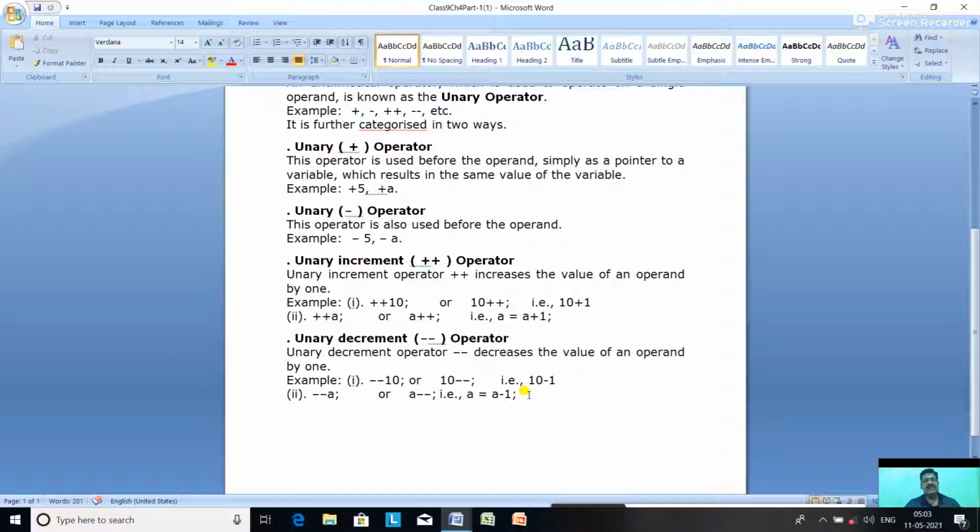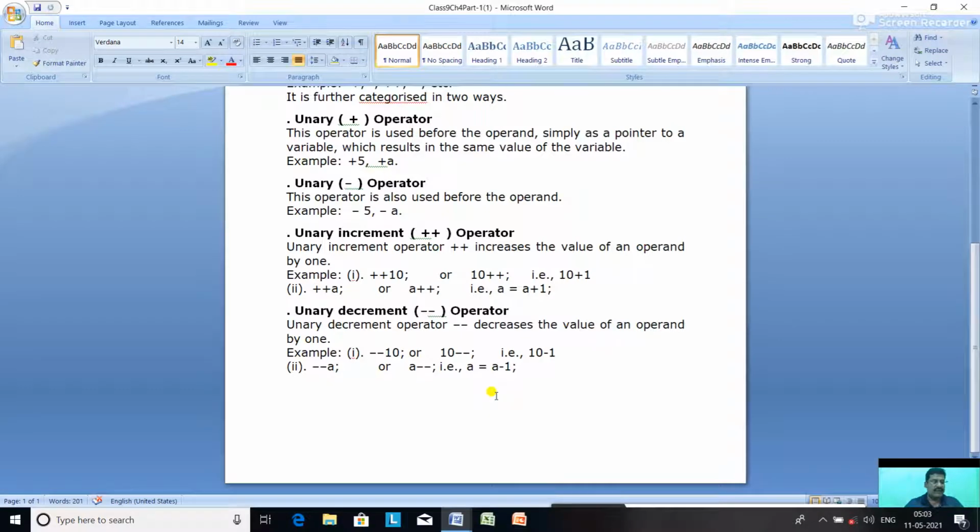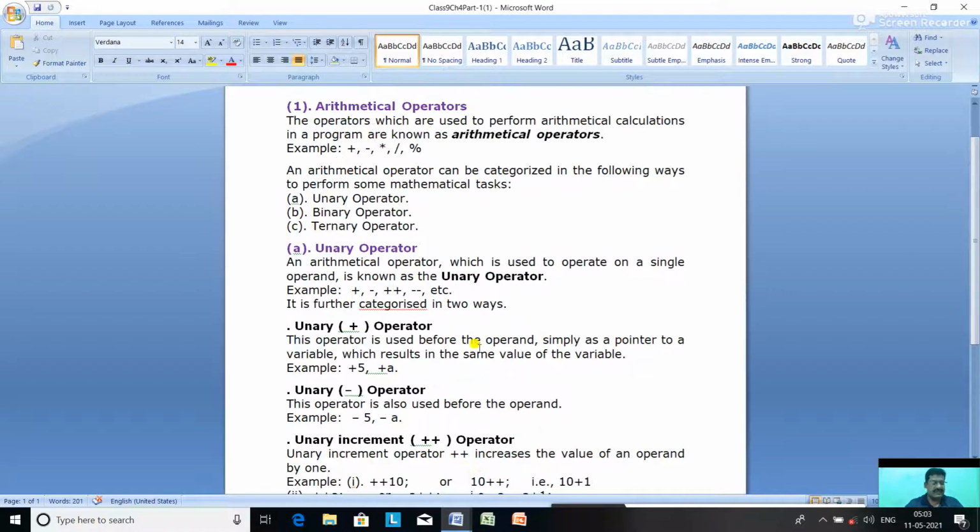So in today's class, we have learned what operators are, what operands are, what an arithmetical expression is, what an arithmetical statement is, and the types of operators: arithmetical, relational, and logical. Then we discussed the types of arithmetical operators: unary, binary, and ternary.